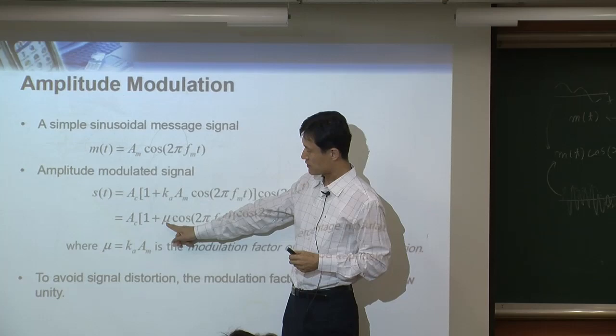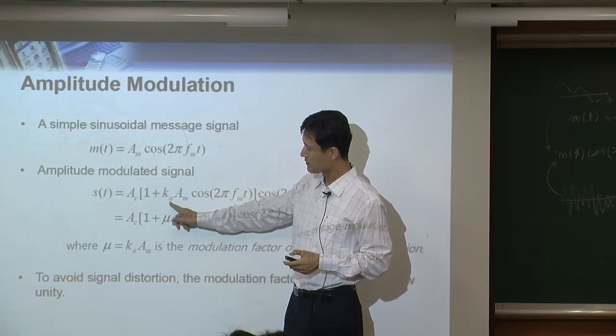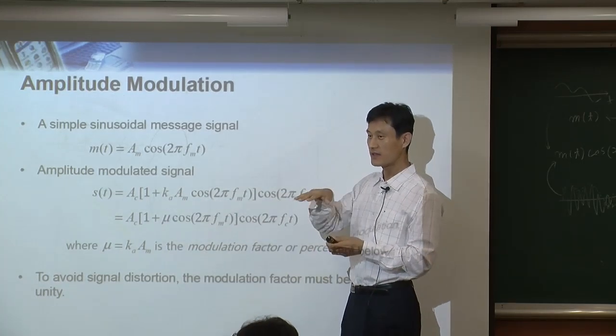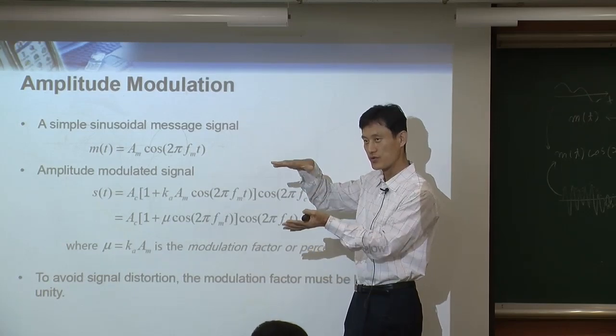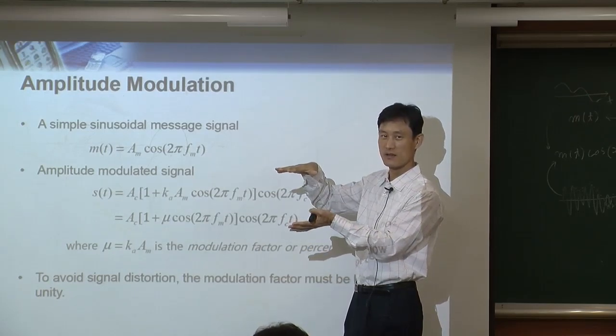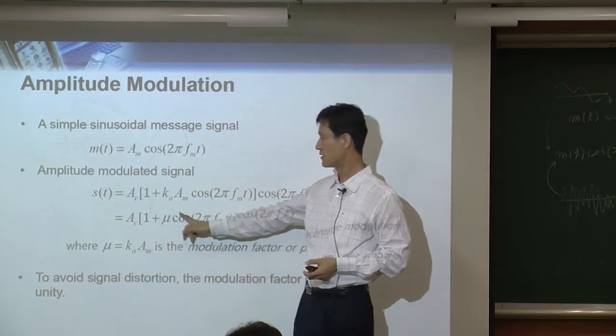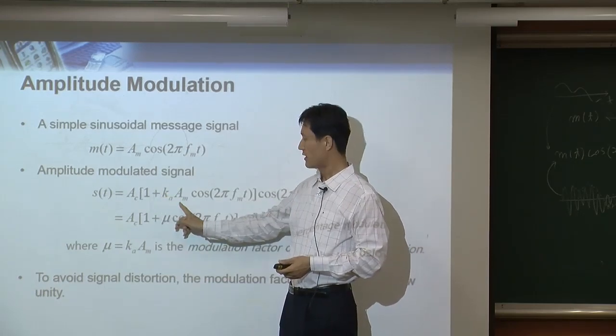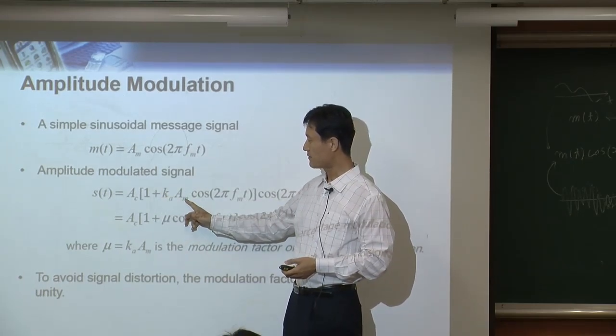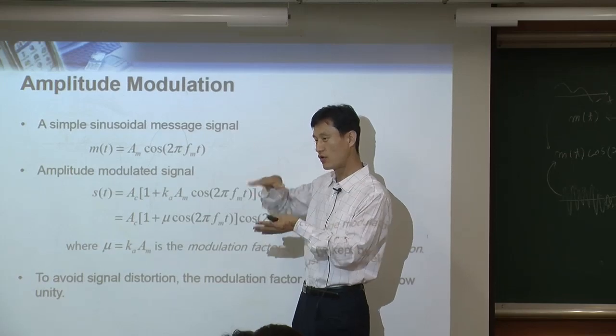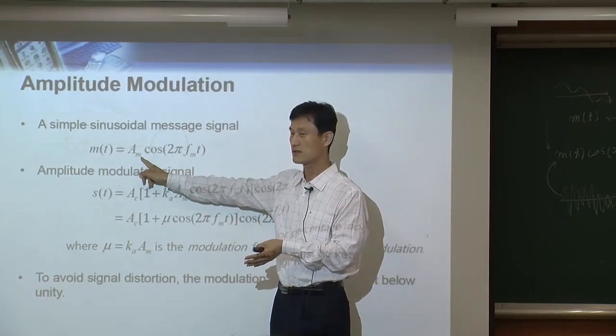When you look at this mu, what was Ka? Ka was the gain applied to your original M(t). Remember the Ka? And what was Am? Am is the amplitude of your original message.